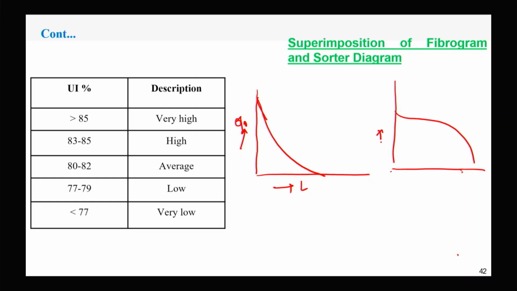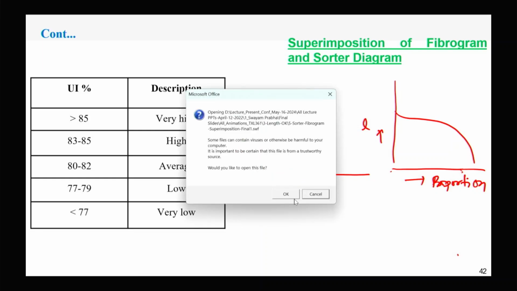This is the length and this is the proportion. Okay. And what will happen if we try to superimpose? Now try to see, this will make our understanding clear about the change in shape.